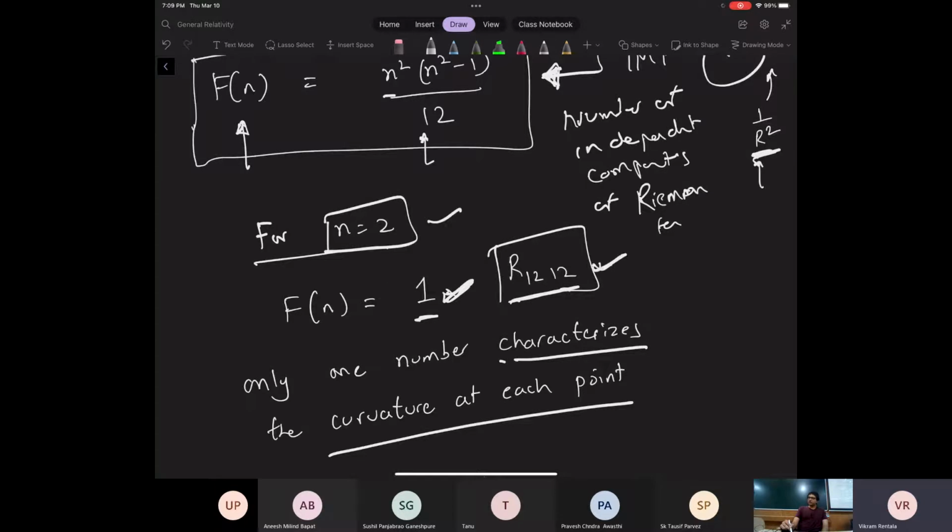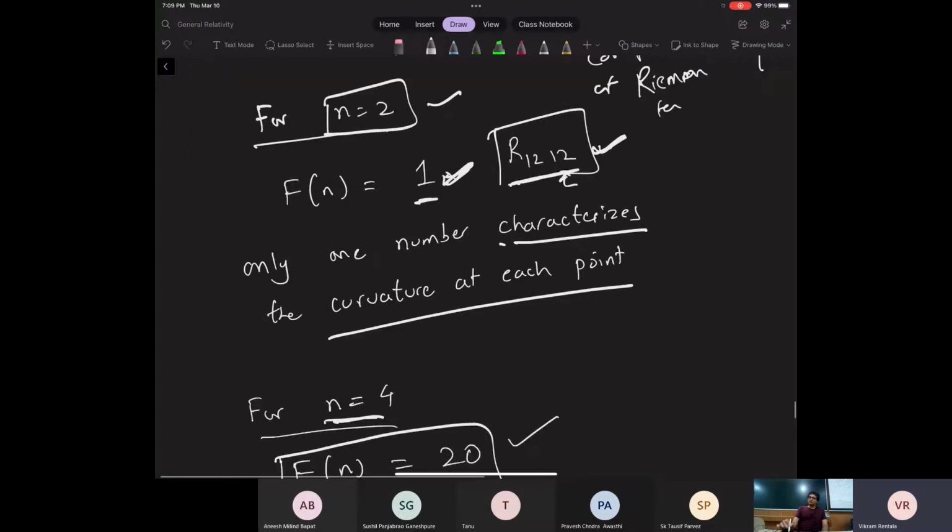In particular, you can take one component of the Riemann tensor, say R 1212, and all other components can be related to this through symmetry or the Bianchi identity, or are identically zero by some antisymmetry of the Riemann tensor. So if you specify R 1212, all the other components are known. So only one number characterizes the curvature at each point in two dimensions.